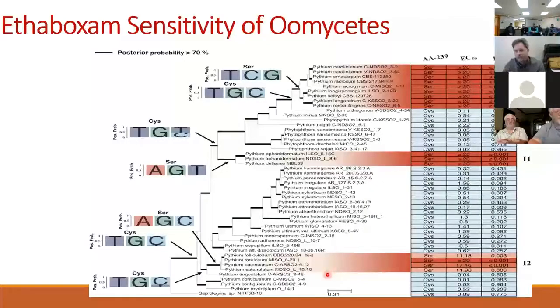When metalaxyl or mefenoxam were first put on the market 30 years ago, those products were universally effective against the Pythium species. Ethaboxam, in contrast, here is a diagram identifying particular species that are resistant to ethaboxam.